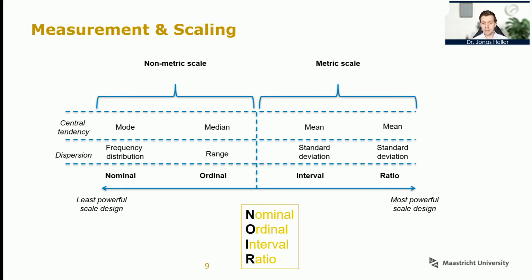However, if you collect interval or ratio data, which is most powerful in terms of scale design, for both interval and ratio data, you can actually calculate a mean, that means calculating an average, and also a standard deviation, which allows you later on to run metric statistical analysis.